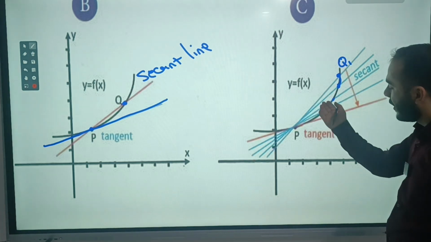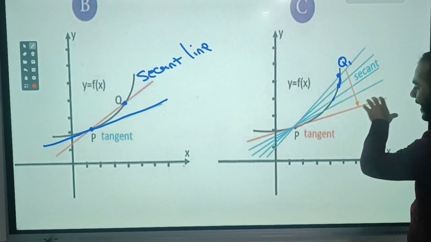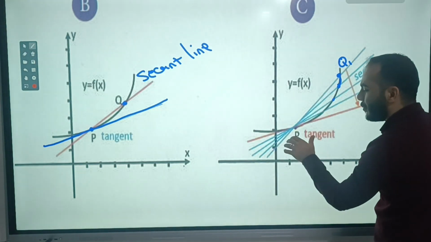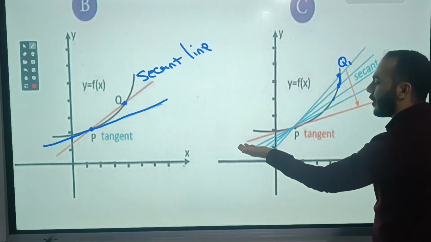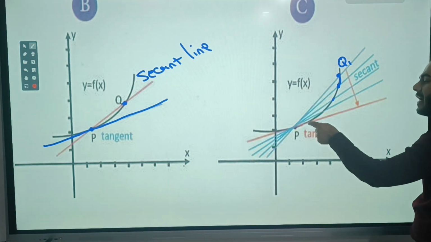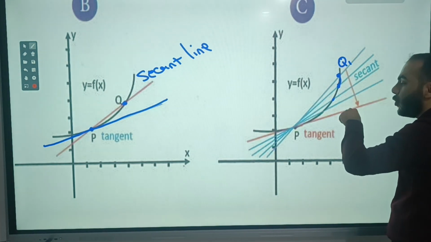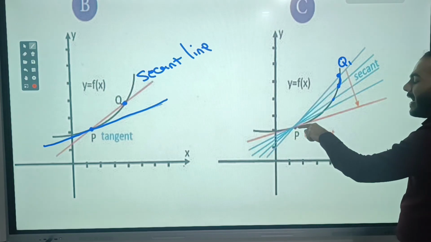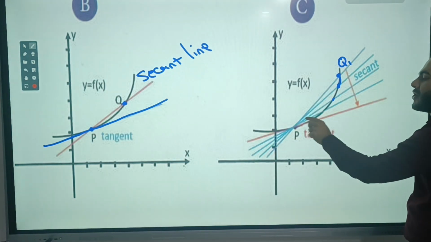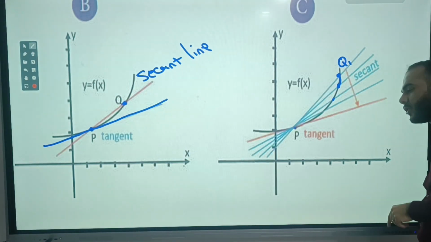When it comes to here, very, very close to the tangent line, until we almost get to P, that means we are going to have the tangent line at P. So if we move from Q to P, we are going to have a line at the end that cuts the curve at only one point, which is point P, and that is called the tangent line.